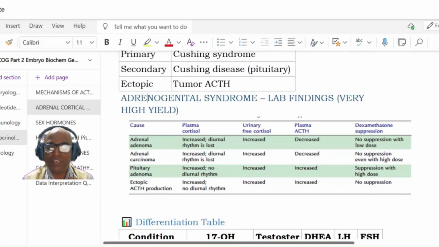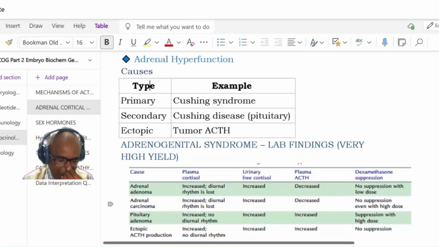It may be any tumor which is producing ACTH. All that will lead to adrenal hyperfunction. If it is secondary to a pituitary adenoma, it is called Cushing disease. And sometimes there can be ectopic secretion of ACTH from a tumor.